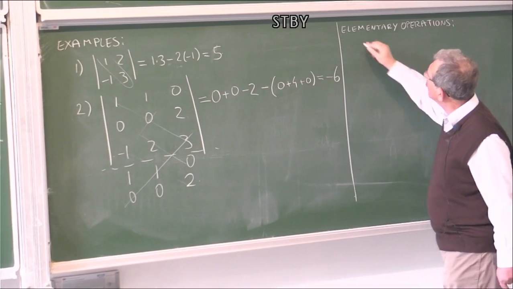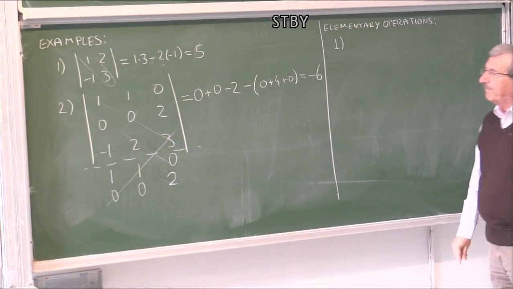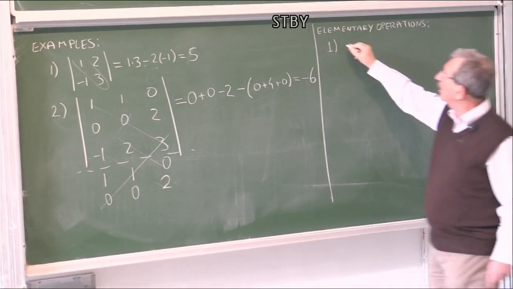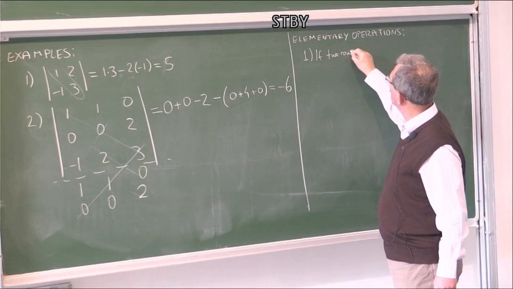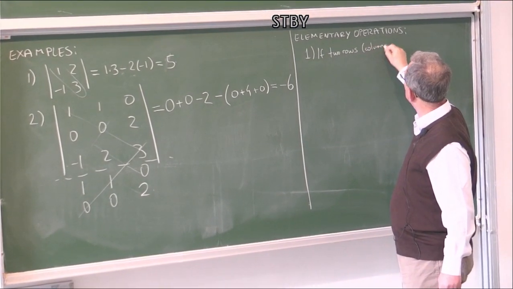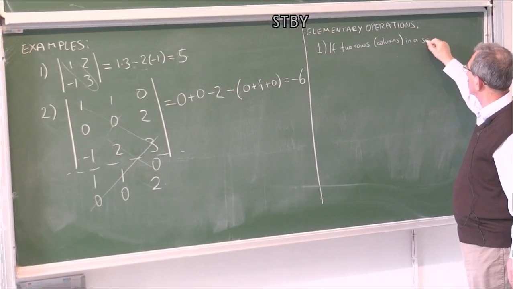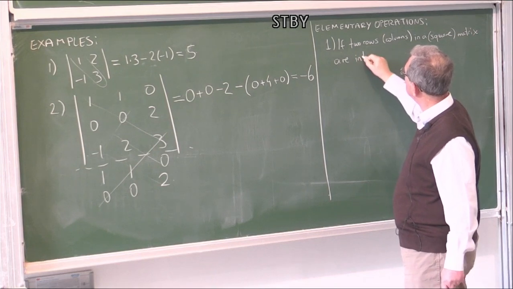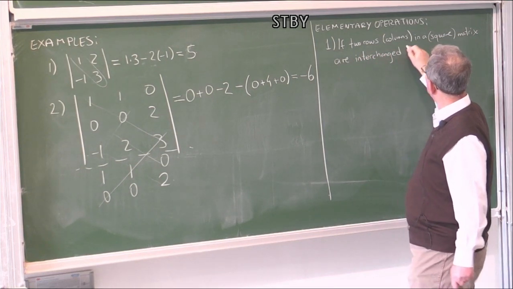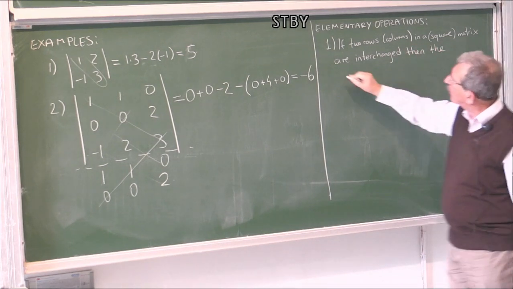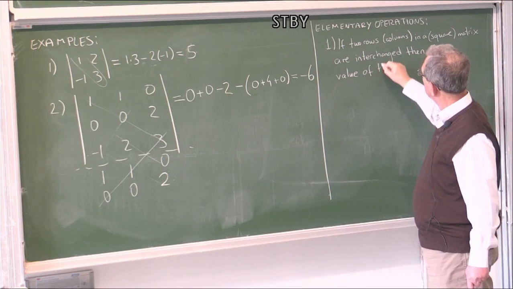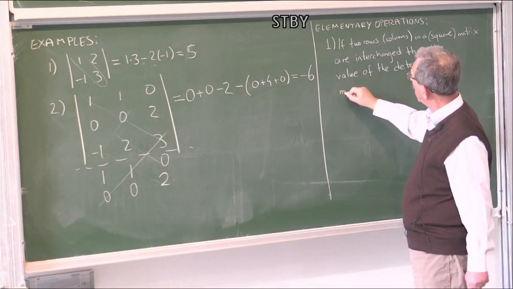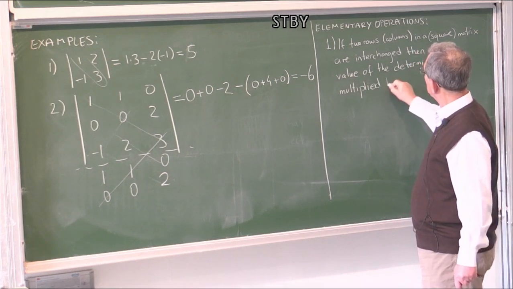Say the following. Firstly, if two rows, or columns, in a matrix, in a square matrix, of course, are interchanged, then the value of the determinant is multiplied by -1.